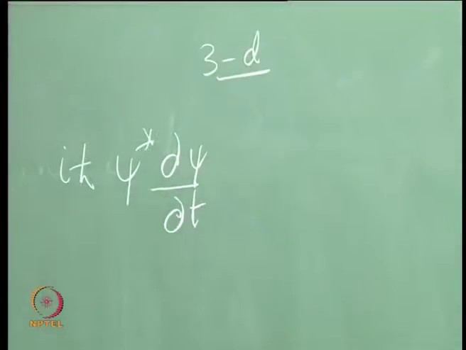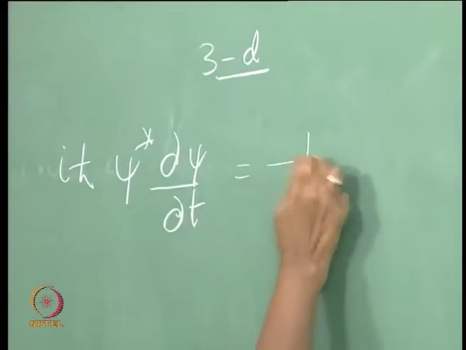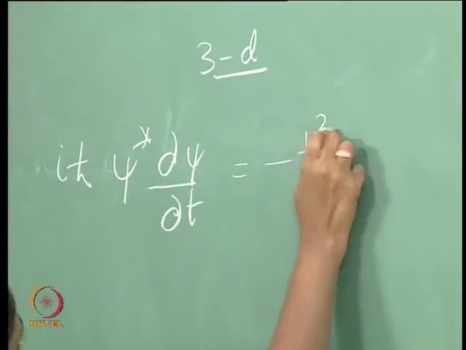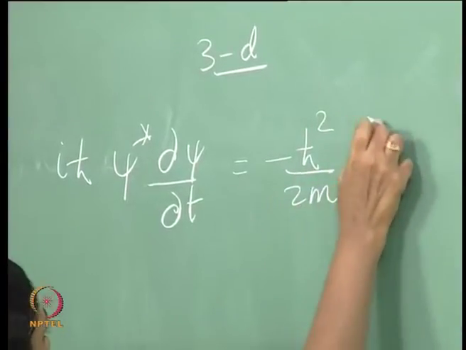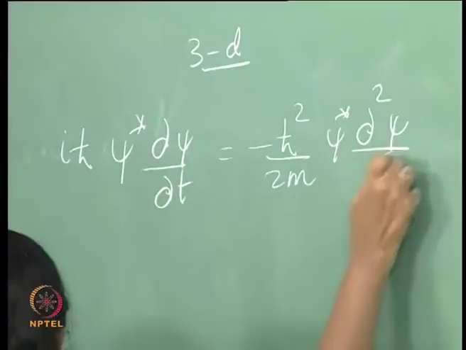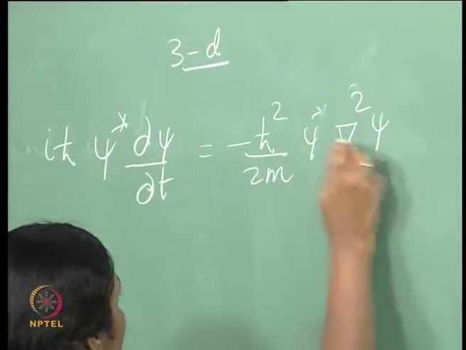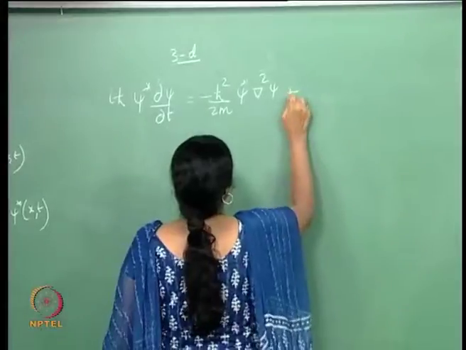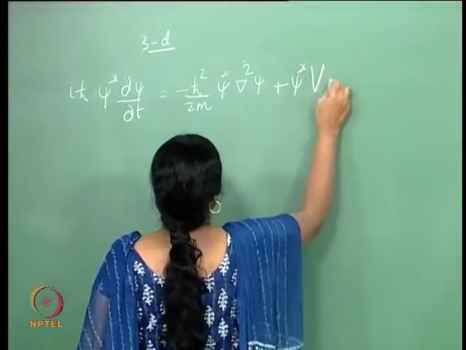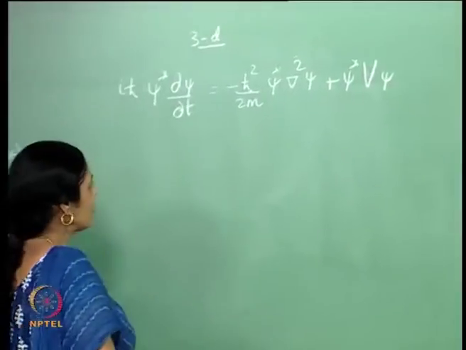I would not write the argument r, t. It is minus h-cross squared by 2m psi star del squared psi now, because we are in 3 dimensions, plus psi star V psi. That is my first equation.